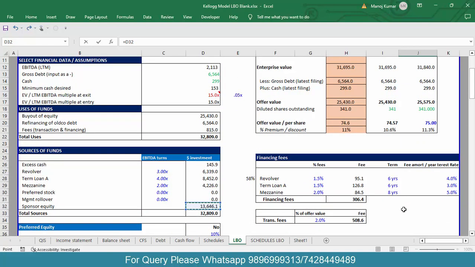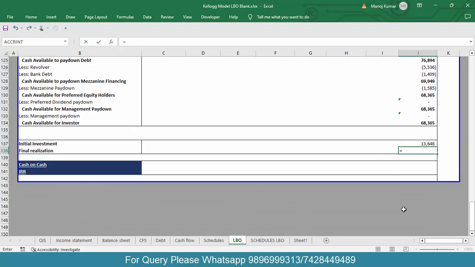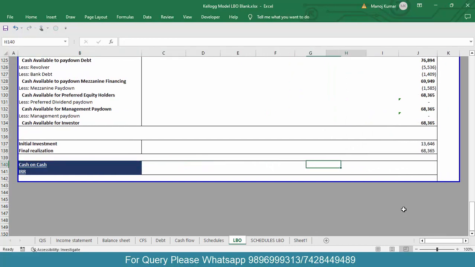This is the amount which you had invested in year 0. Now how much amount are you finally getting? This much. Okay, and now what do we need? Cash on cash. How much are we getting in total after 5 years? So this divided by this. So we are going to get cash 5 times the amount we are investing today.